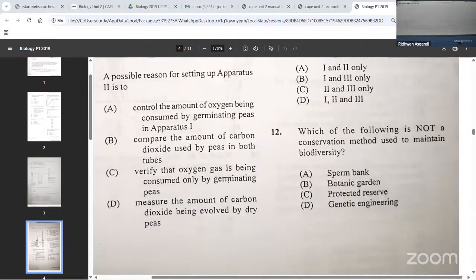Right, Abhilasha, 12. Which of the following is not a conservation method to maintain biodiversity? A, sperm bank. No, it wouldn't be. It's A, right?